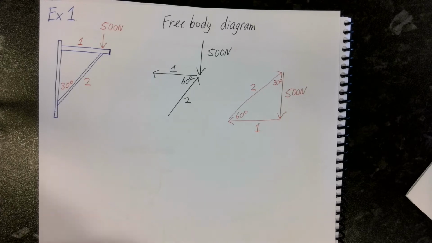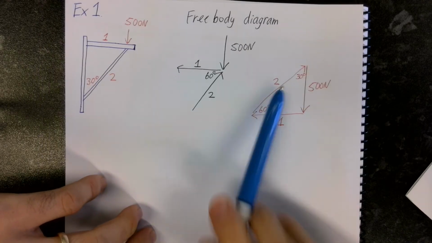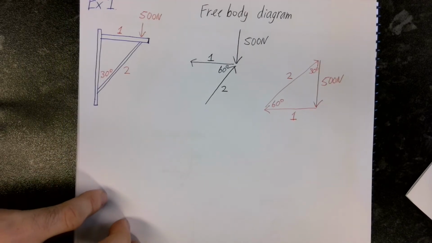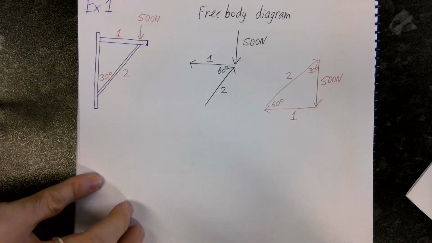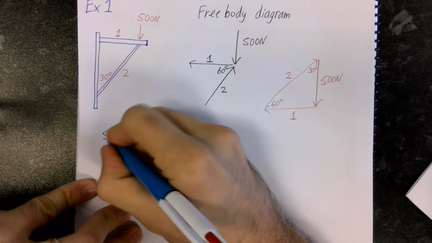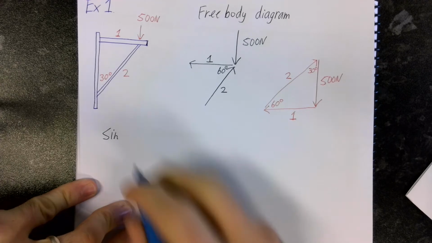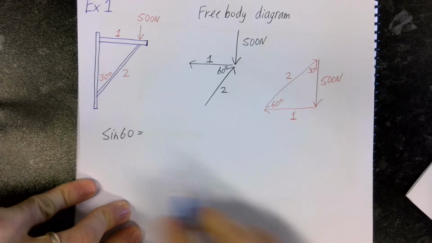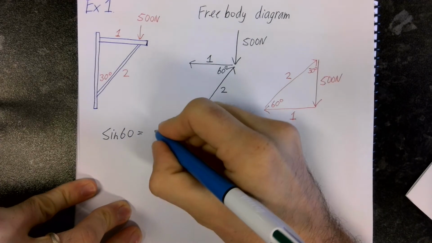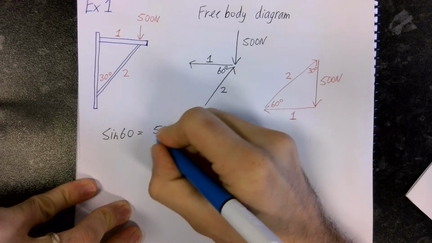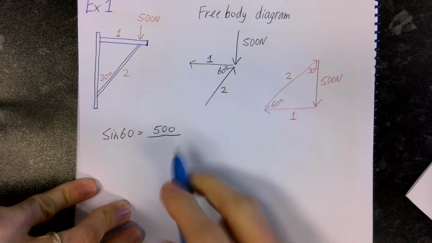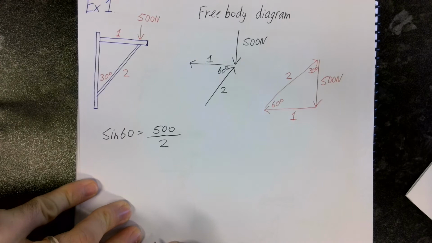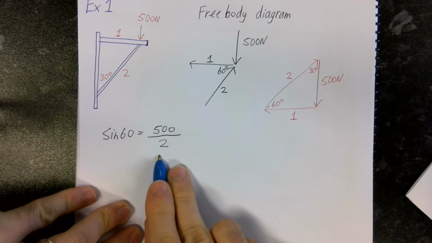So for our first one, our number 2, I could use sine for this. So let's have a go and show some working. So we would have sine 60 degrees is equal to 500 newtons over number 2. Okay, we need to isolate number 2.